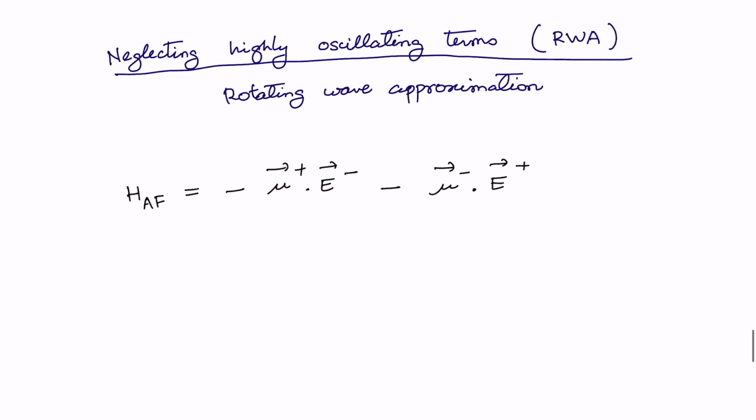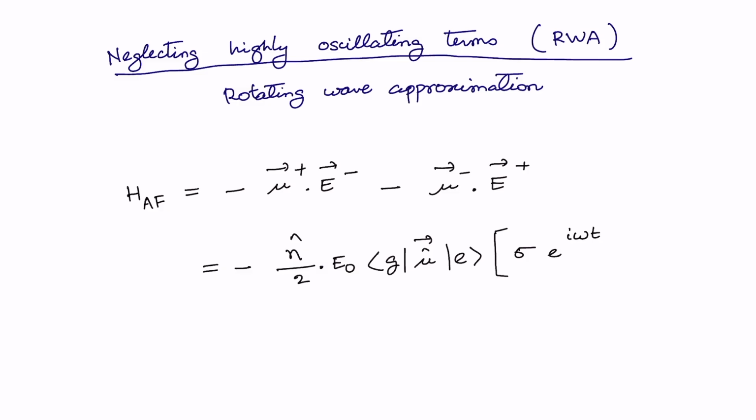And this I can further write as the full term: minus eta cap by 2 dot E0 z mu E, and then I also have sigma e to the power i omega t plus sigma dagger e to the power minus i omega t.